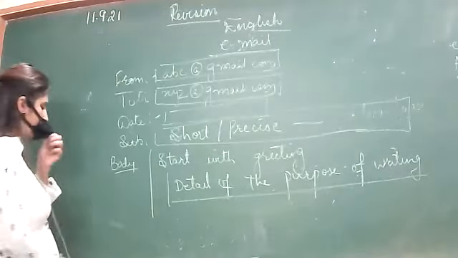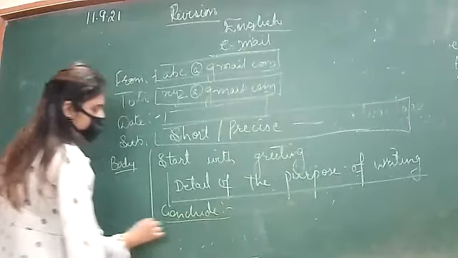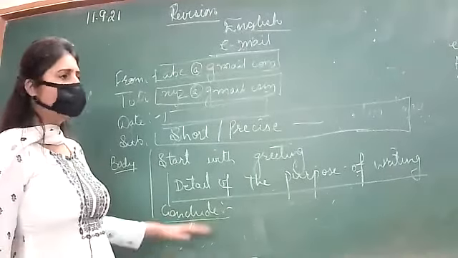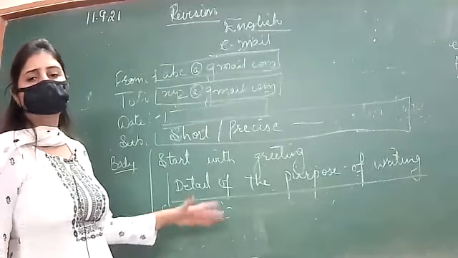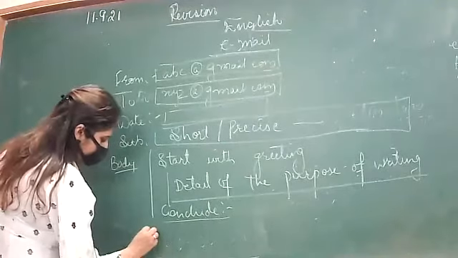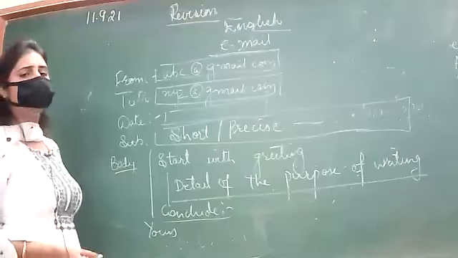Finally, conclude with your feelings, express how you felt and how you are feeling, and ultimately hope to meet you soon. At the end, the complimentary close, yours lovingly, your friend, depending upon to whom you are writing.